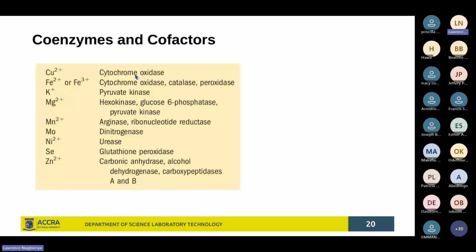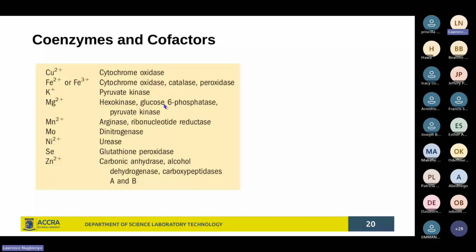Similarly, you have iron, both the ferrous and ferric ions, the Fe2+ and Fe3+, that act also as cofactors, again to cytochrome oxidase, and to other enzymes such as catalase, peroxidase. Pyruvate kinase will have the metal potassium ion. Magnesium ions will be acting as cofactors for hexokinase, glucose 6-phosphatase, pyruvate kinase.